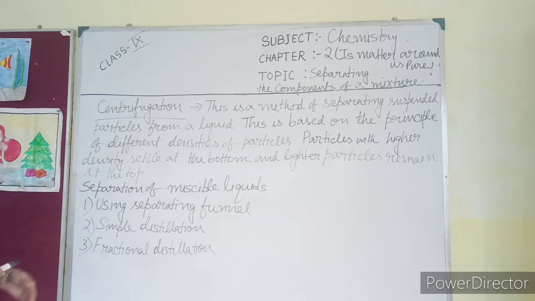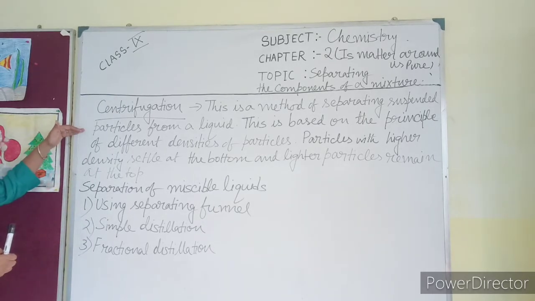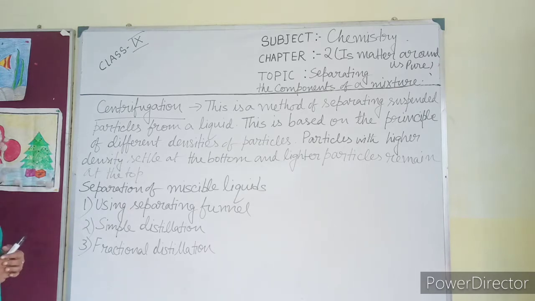Centrifugation is a method of separating suspended particles from a liquid. It is based on the principle of different densities of the particles. Particles with higher density settle at the bottom and the lighter particles remain at the top.